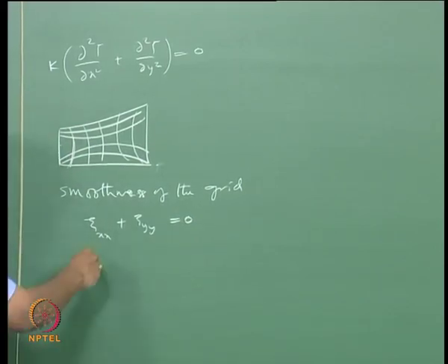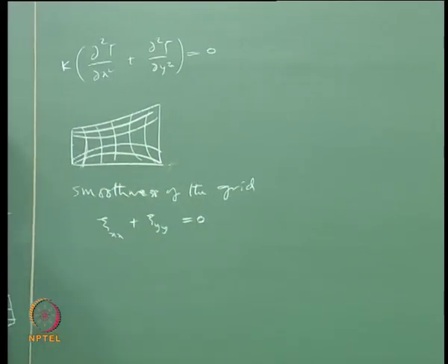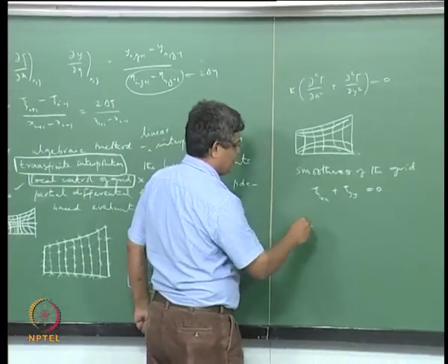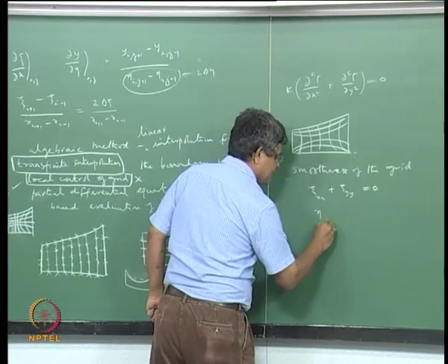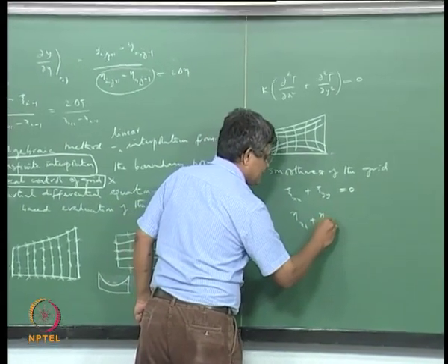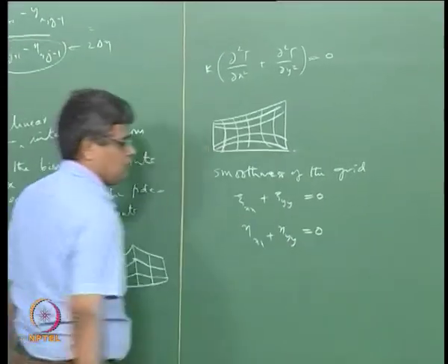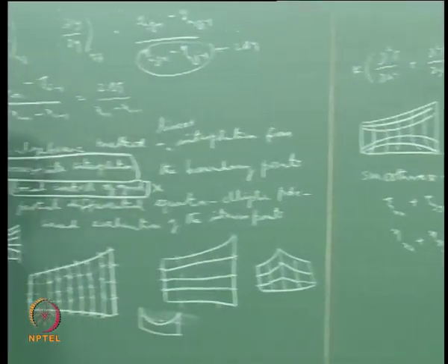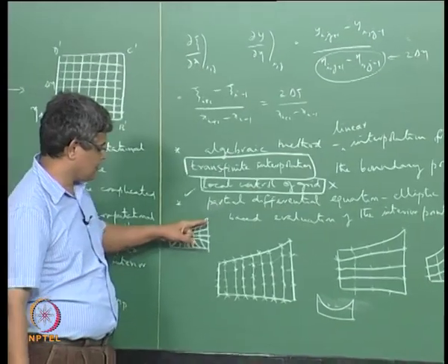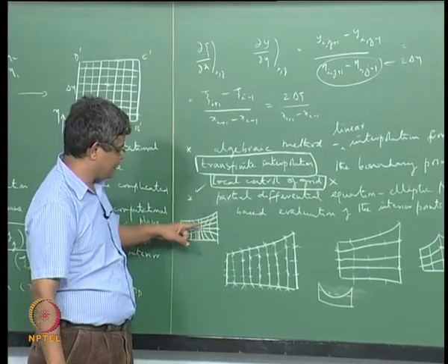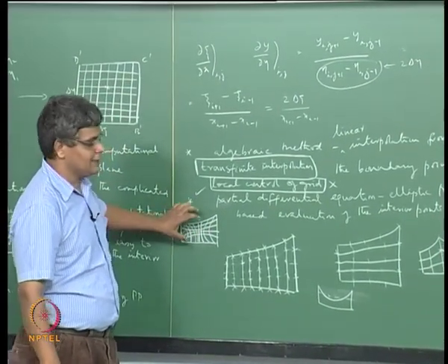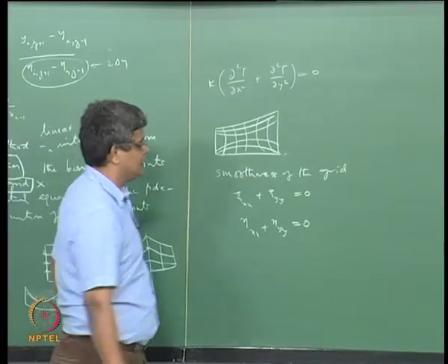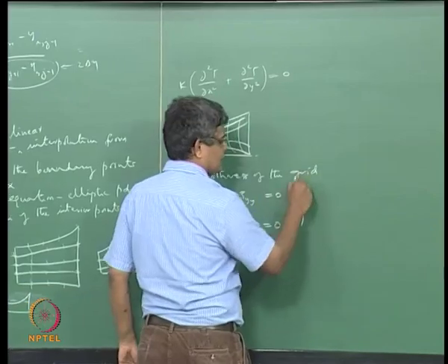And similarly, my eta lines should also be smooth in the xy plane. So we also would like eta xx plus eta yy to be 0. If the constant eta and constant psi lines in the physical plane satisfy these conditions, then I can expect smoothness of the grid.